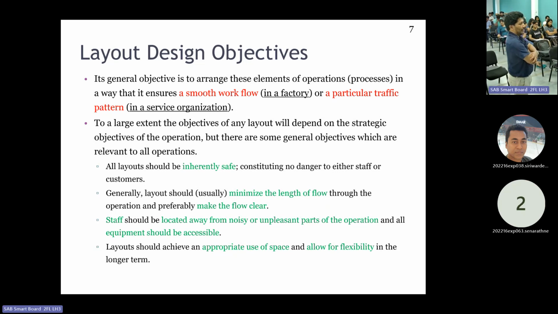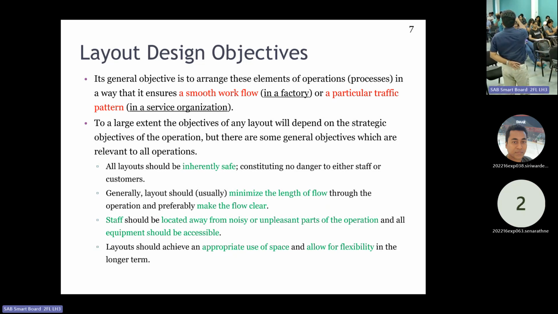Layout should usually minimize the length of flow. Length of flow should be minimized, whether that is material or customers or even information. And then preferably make the flow clear.